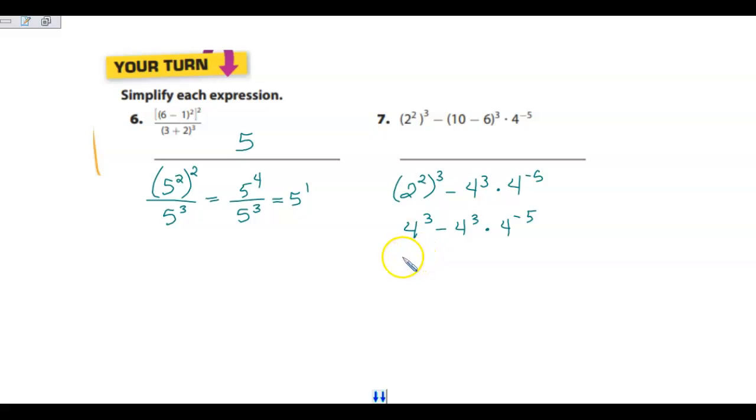So when I'm working these through, I always try to do multiplication first. And I see this multiplication right here. So this base and this base are the same. 3 minus 5 is negative 2. And I get this.